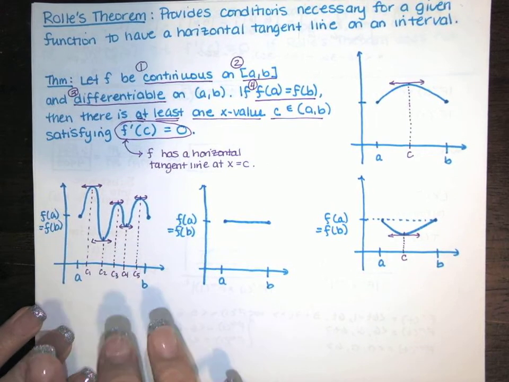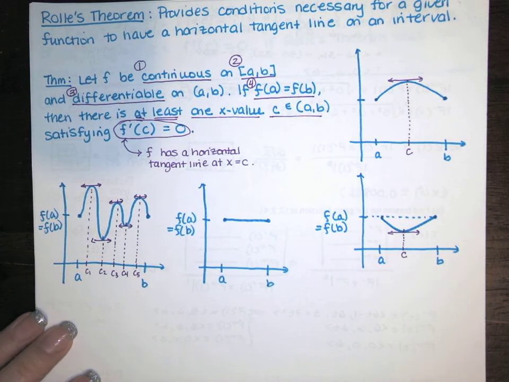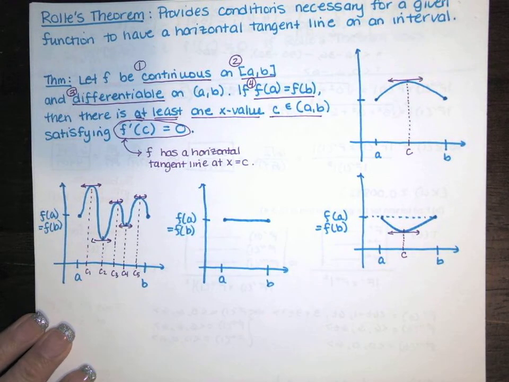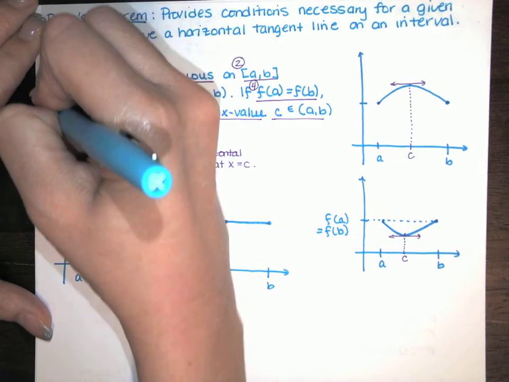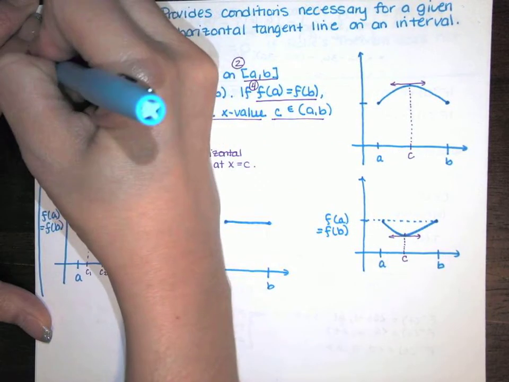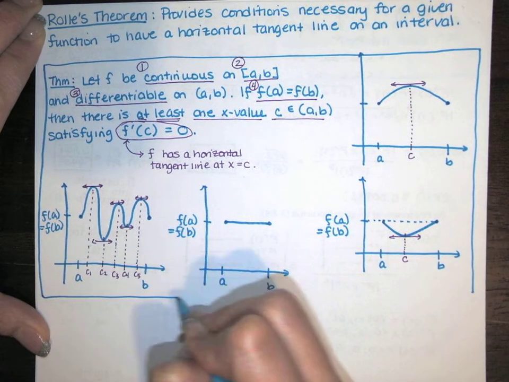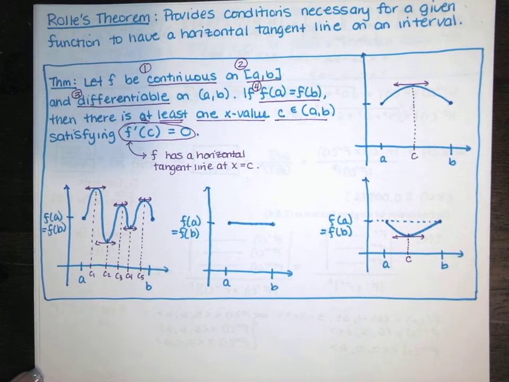There might be some finite number of them. Or it might be the case that we've got infinitely many of them. If any part of our graph is horizontal like this, we've got infinitely many x values where that slope is 0. So that's Rolle's theorem, and these are the pictures that go with it. That's what I want you to think of whenever you think of Rolle's theorem.